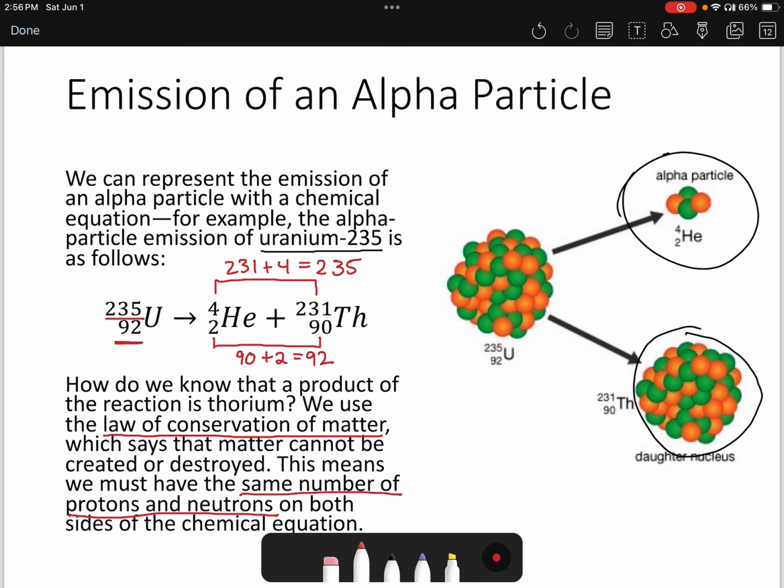So this is really similar to when we balanced equations to make sure we had the same number of elements on each side. But for radioactive or nuclear reactions, we have to make sure the number of protons and neutrons are the same on both sides of the arrow.